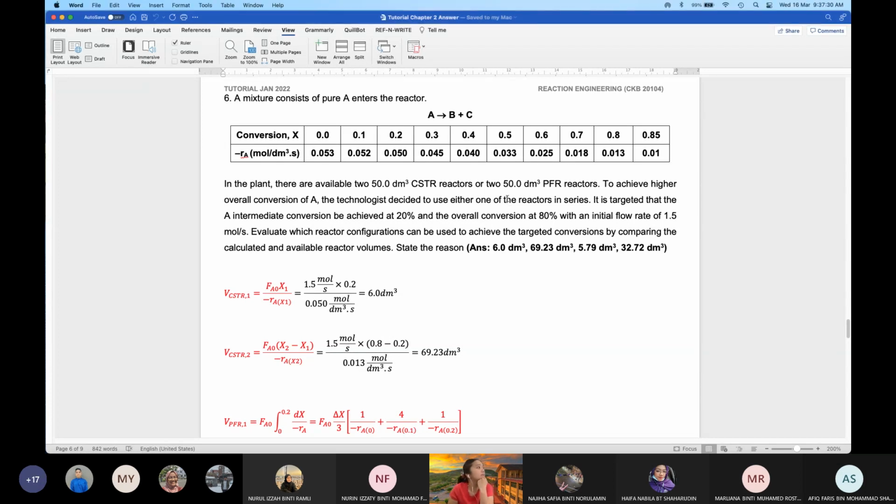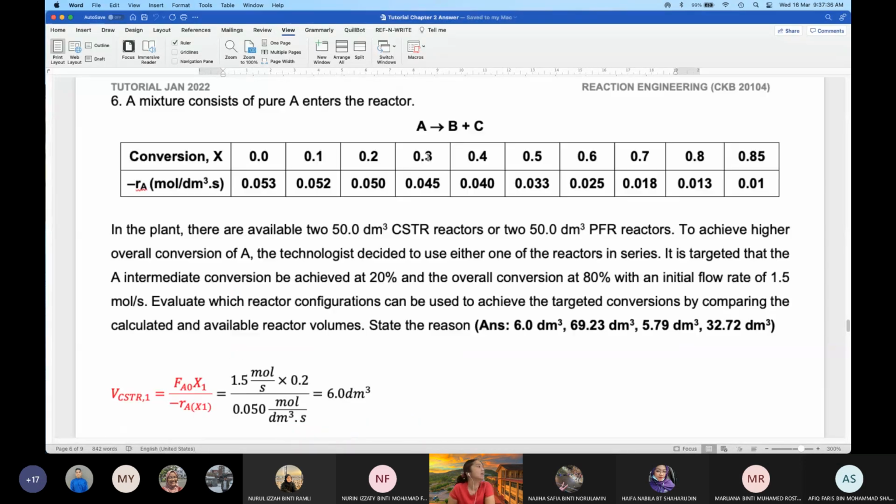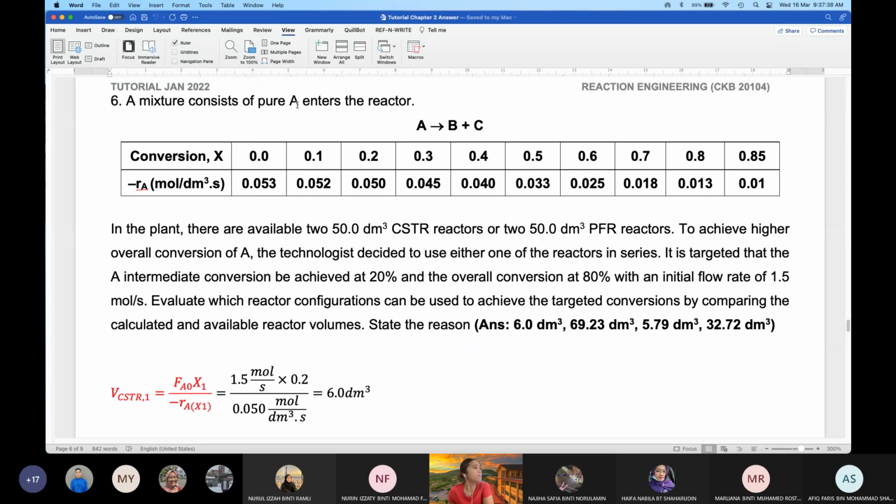So for question number 6, I will open the bigger one. We have a mixture consisting of pure A entering the reactor. Whenever you see the word pure, pure A, you know it means it's 100% of A entering initially.